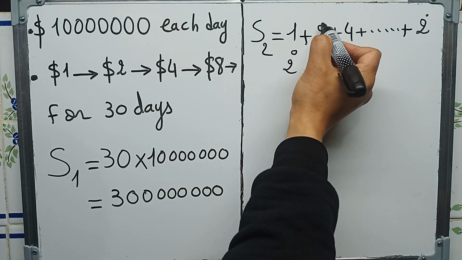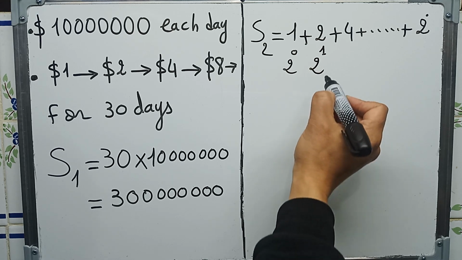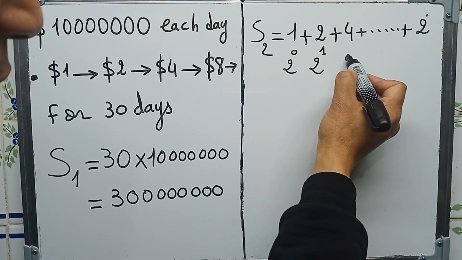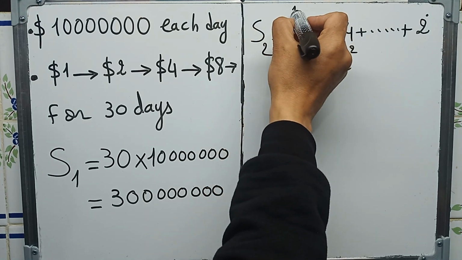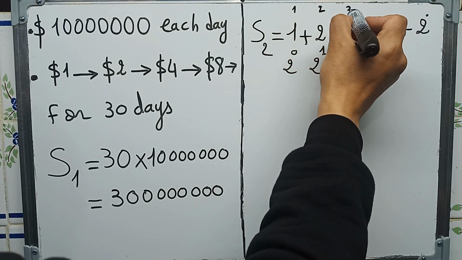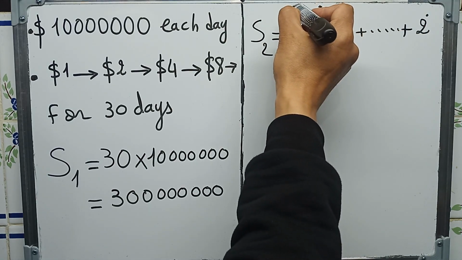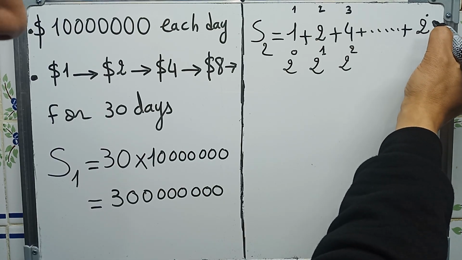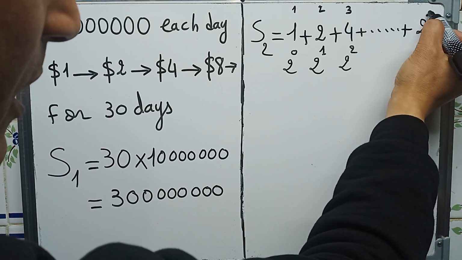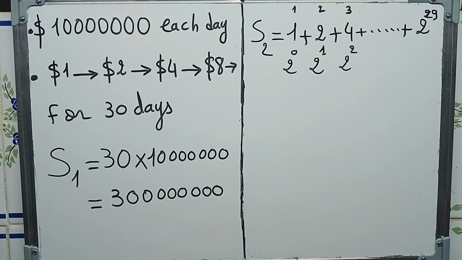The second day we have 2, which is 2 to the power 1. Third day we have 4, which is 2 to the power 2. And you see here, first day, second day, third day, it's 3 minus 1, 2 minus 1, 1 minus 1. So since it's the 30th day, we will have 30 minus 1, which is 29. It's the method to know the last power.